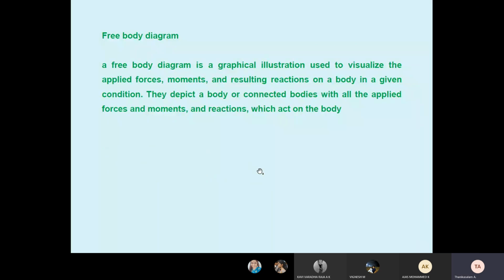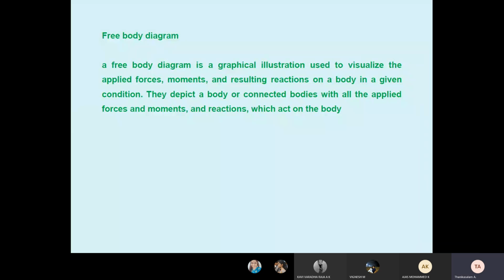Then free body diagram, another very important topic. Already we have discussed the free body diagram. A free body diagram is a graphical illustration used to visualize the applied forces, moments, and the resulting reactions on a body in a given condition. They depict a body or connected bodies with all the applied forces, moments, and reactions which act on the body.